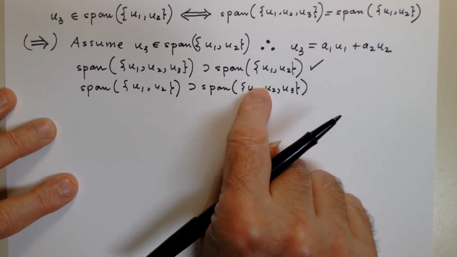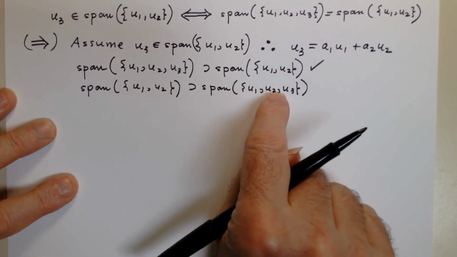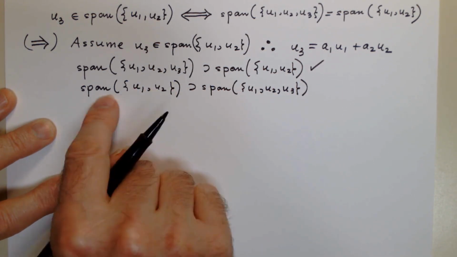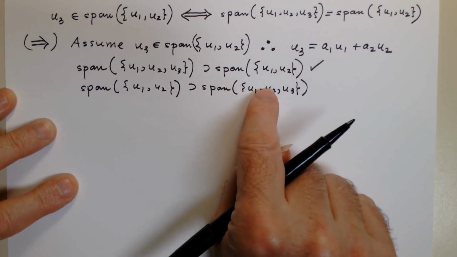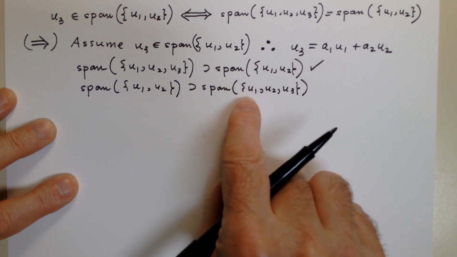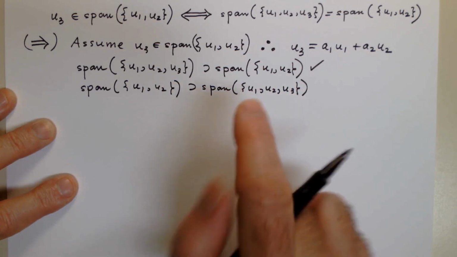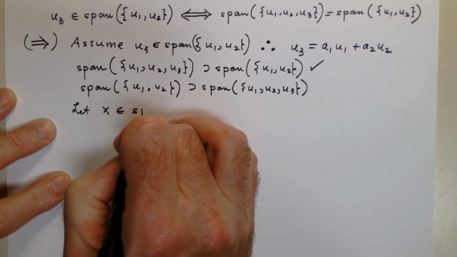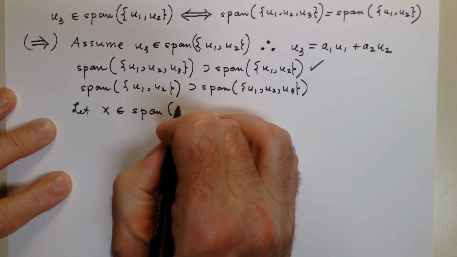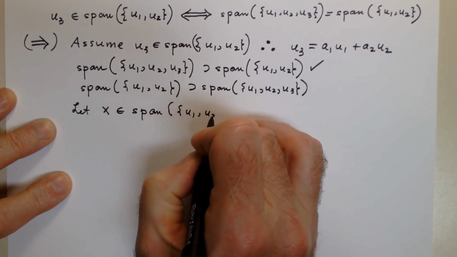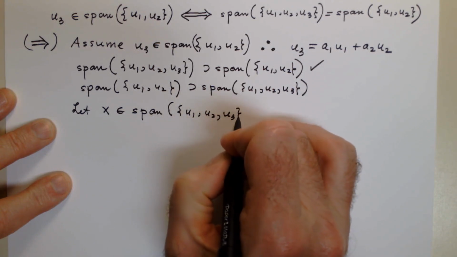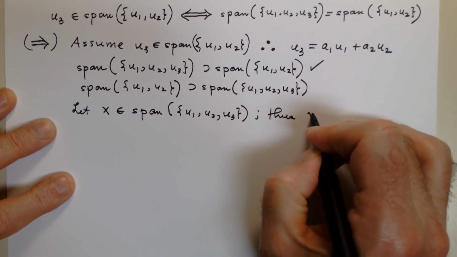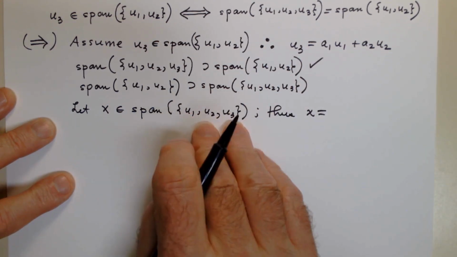And how do we show that one set is contained by another? We have to show that if I take something out of this set, that it can be represented by something in this set. All right, so let x be a vector in the span of u1, u2, and u3. And what does that mean? That means x can be written as a linear combination of u1, u2, and u3.